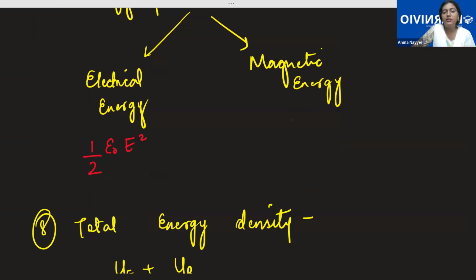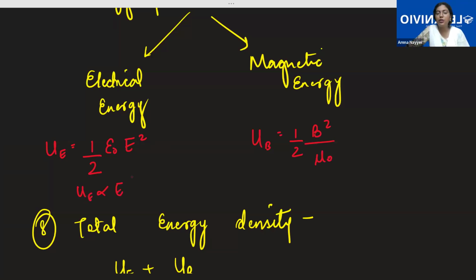While the magnetic energy, this is electrical energy, so I'll write UE, while the magnetic energy is half B square by mu naught. So half epsilon naught into E square, and the magnetic one is half B square by mu naught. These are the energies. This one, if you remember, we derived also, and I told you that electrical energy is directly proportional to electric field.